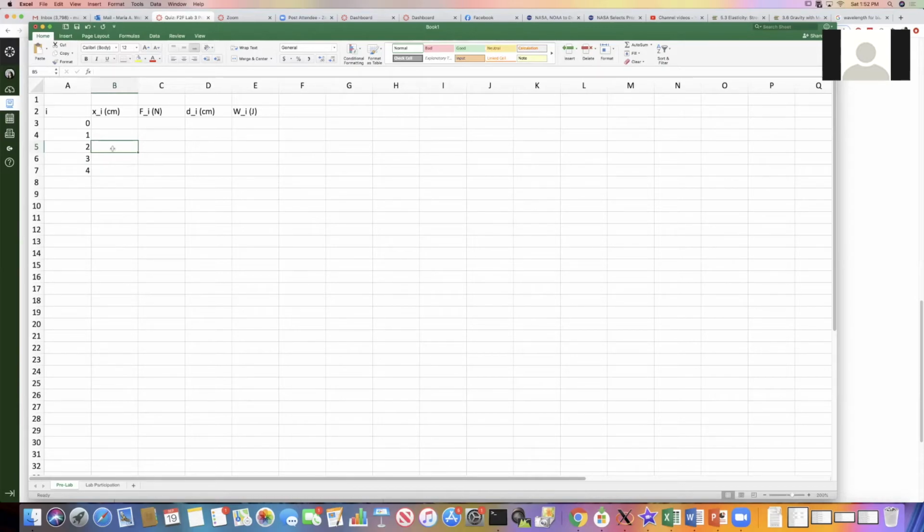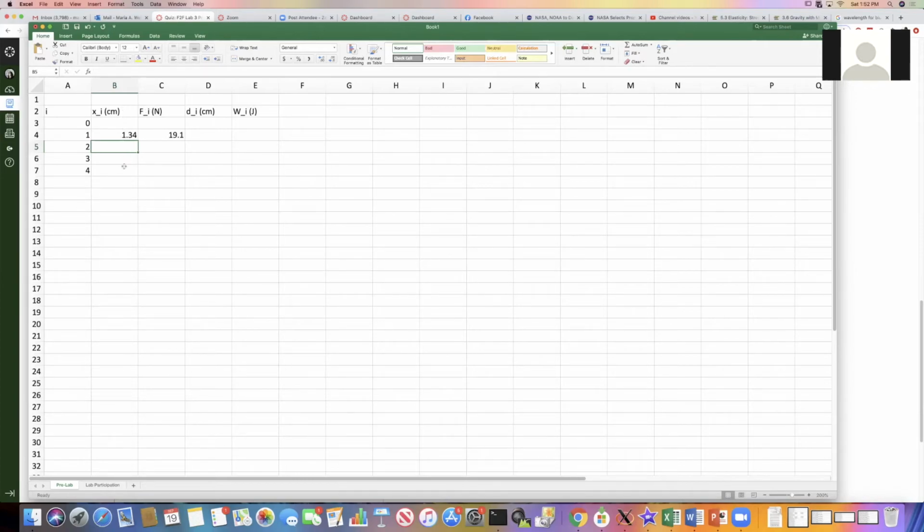The problem you have to solve for both questions 4 and 5: what is the total work in joules for the following set of data? You have 4 measurements, and I'm going to use some numbers here. For my first measurement, I stretch the spring a distance of 1.34 centimeters from equilibrium, and the force I have to apply was 19.1 newtons. See how I've put the units of my measurement in the column here.